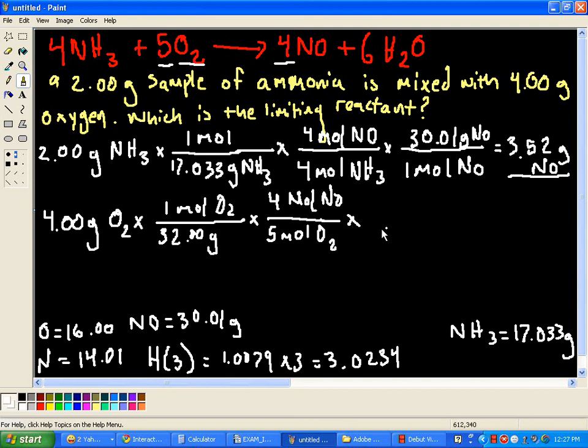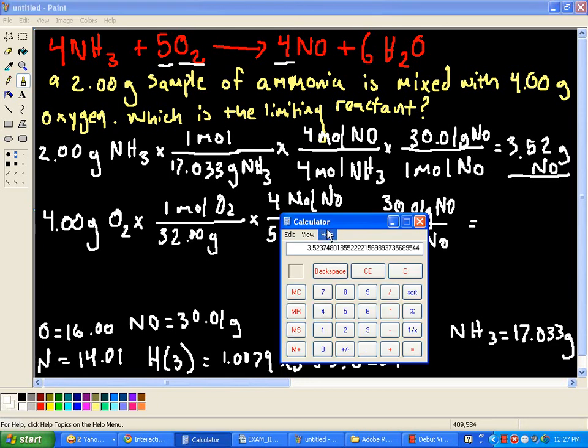Okay, so now we're in moles NO, and we do the same thing we just did up here. 1 mole NO is going to equal 30.01 grams NO. And we do that calculation.